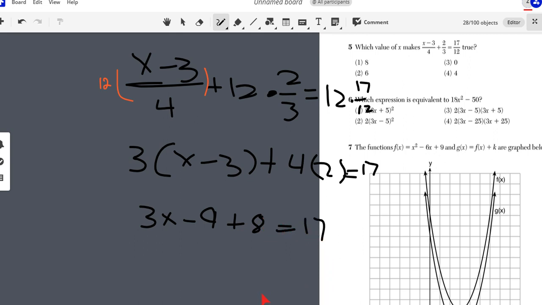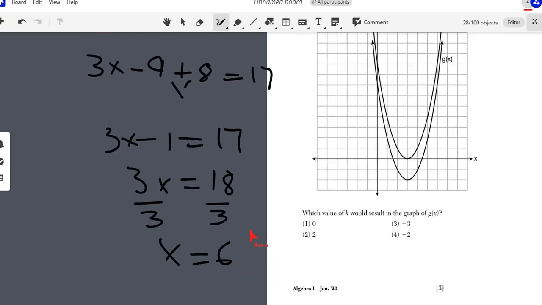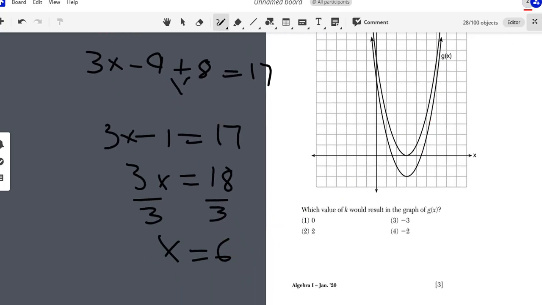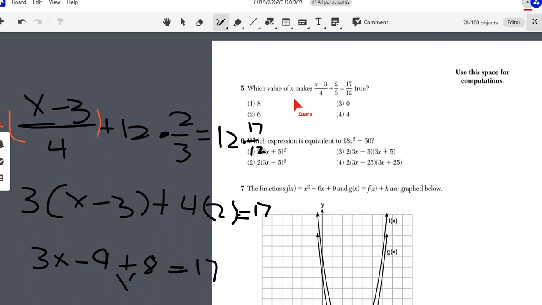So then we get 3x minus 1 equals 17. And we get 3x, we divide by 18, then we get x equals 6. So the value of x that makes it true is number 2.